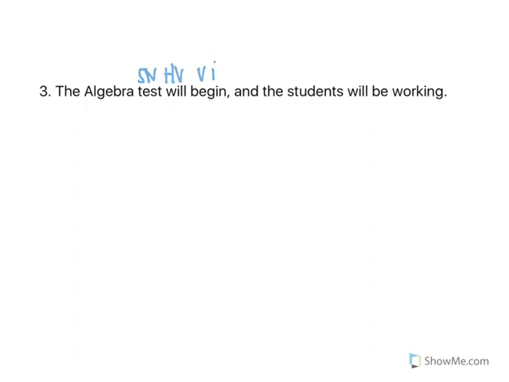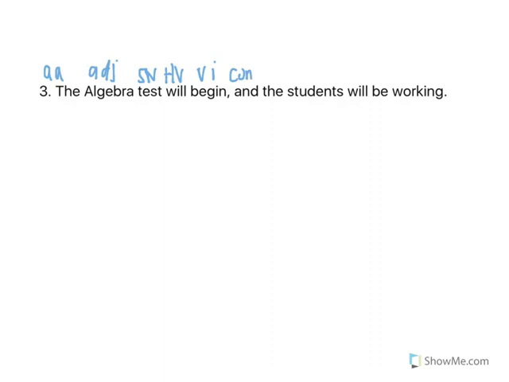It's the verb that's helping this all make sense. Algebra is actually going to be an adjective because it's modifying the word test. It's describing what type of test. It's not a history test, it's an algebra test. The is an article adjective. And of course, and is going to be our conjunction here.